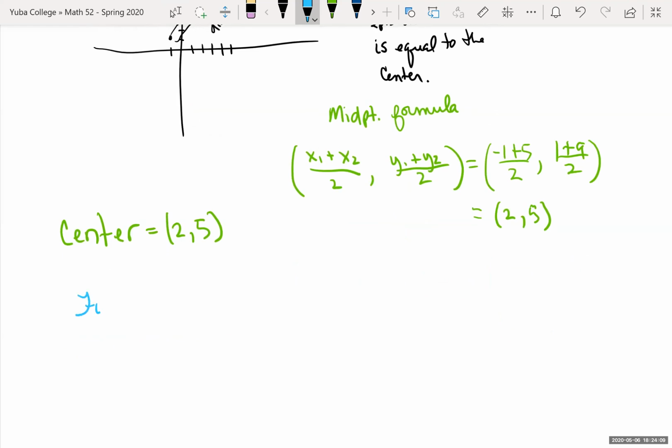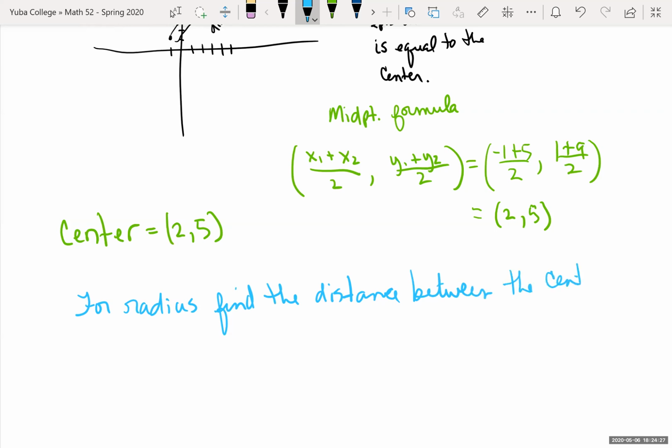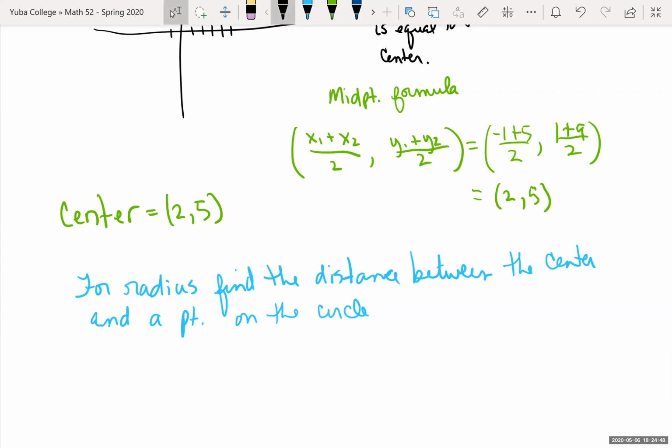So for our radius, find the distance between the center and a point on the circle. Okay, so we have the point (-1, 1). So distance is equal to the square root.